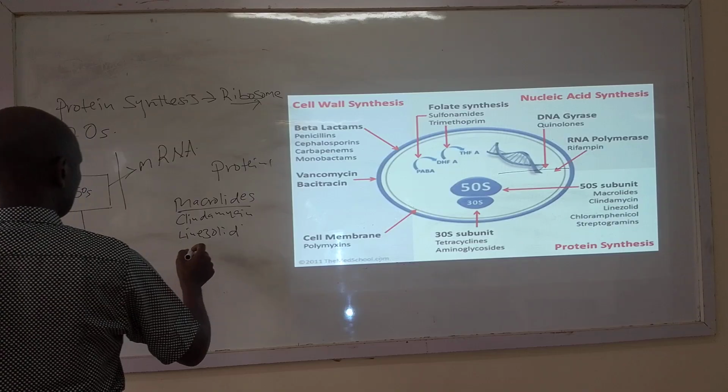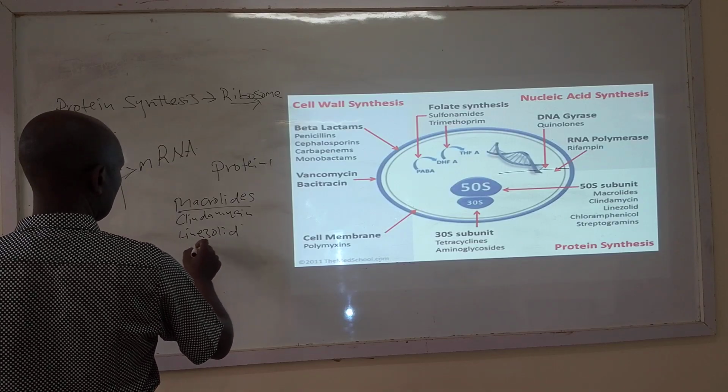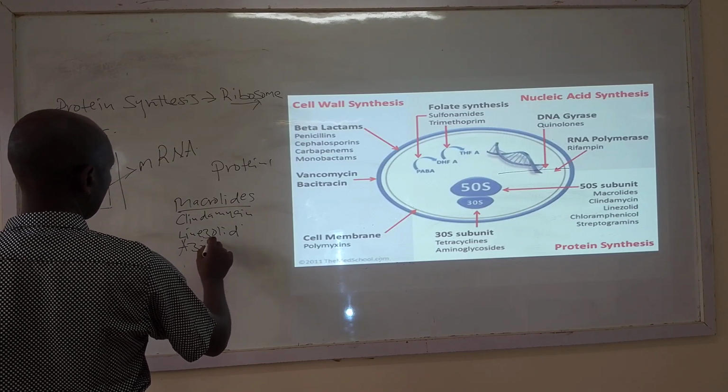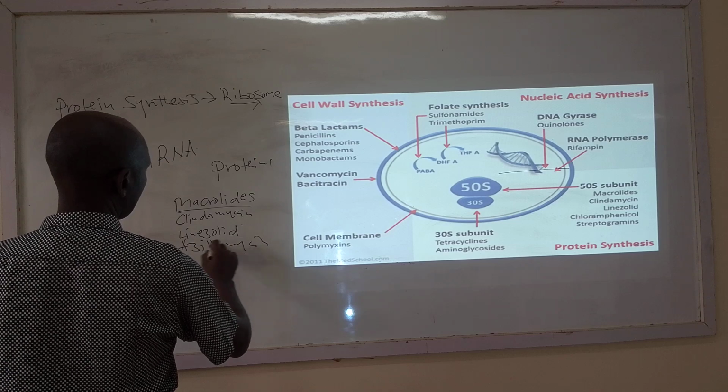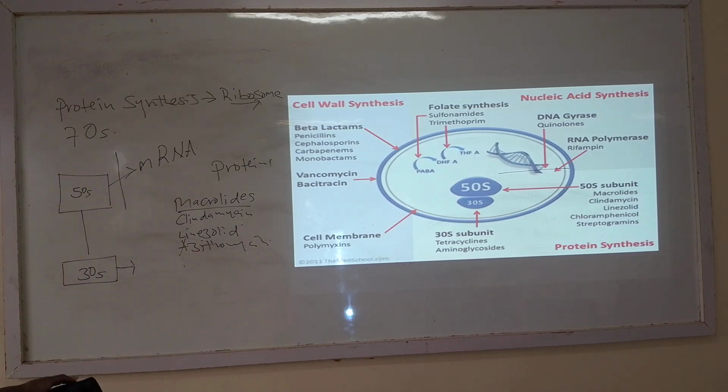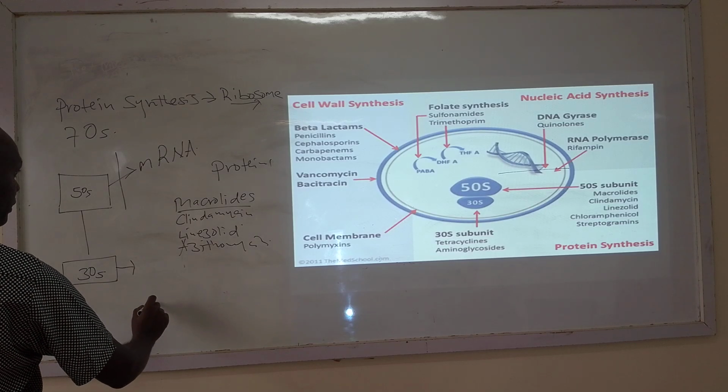Also, we have azithromycin in this category. Then those that bind on the 30S subunit of the bacteria, for example, include tetracycline.